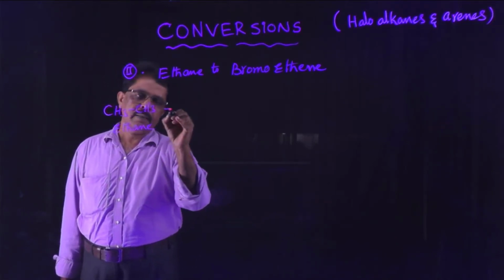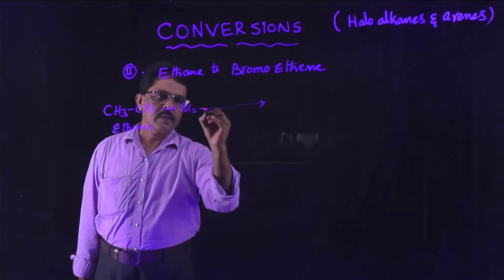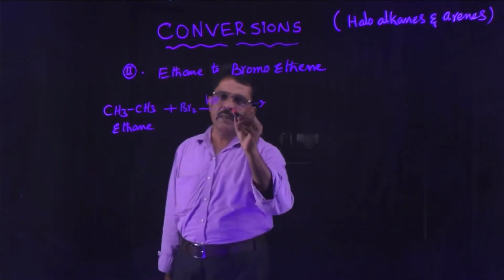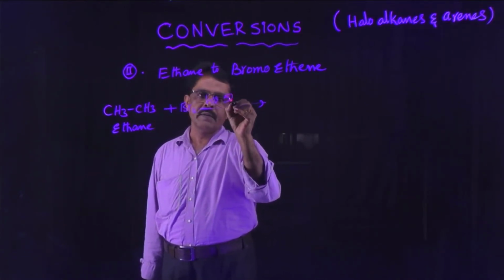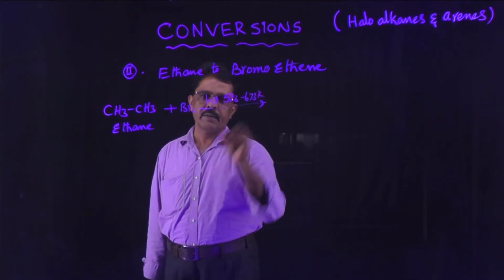This ethane is heated in the presence of UV light at 573 to 673 kelvin temperature.